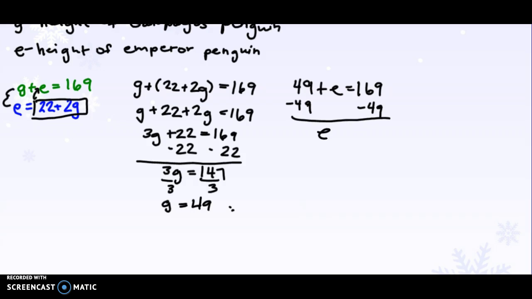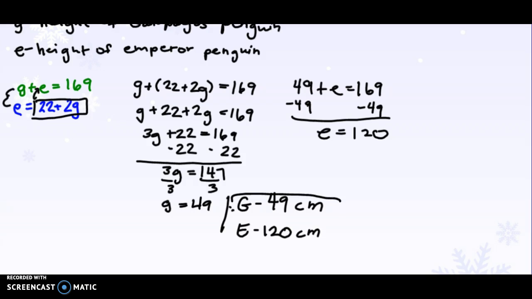And what I'll get is e equals 120. Once again, if we go back to the context of the problem, our Galapagos penguin is 49 centimeters tall, and our emperor penguin is 120 centimeters. This is going to be our final answer.